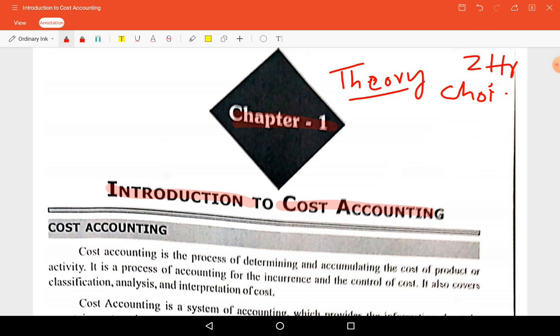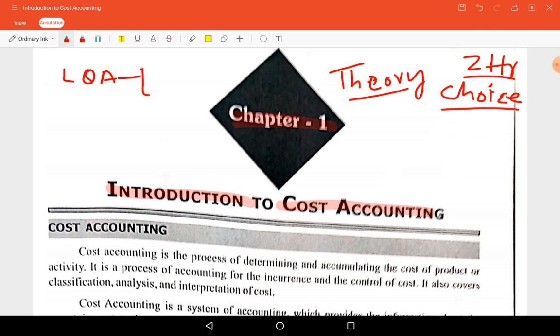They may have cut your 3 hours to 2 hours, but they are giving additional choice. Because of that, from this first unit, in the exam you will get long question answers. Generally, a or b you need to write.